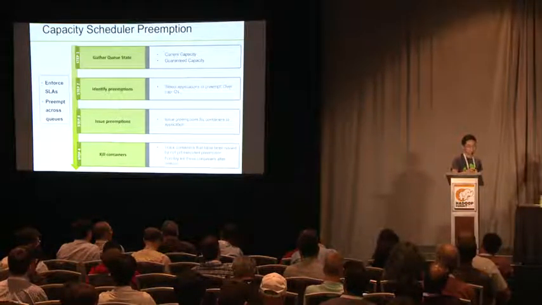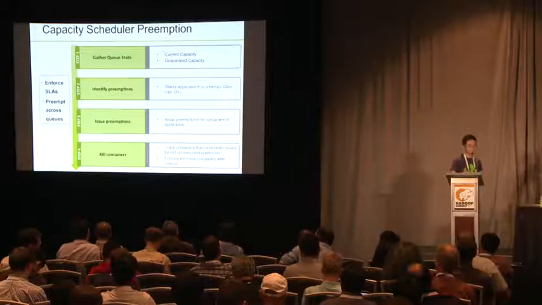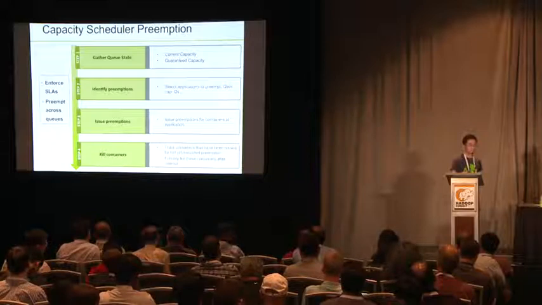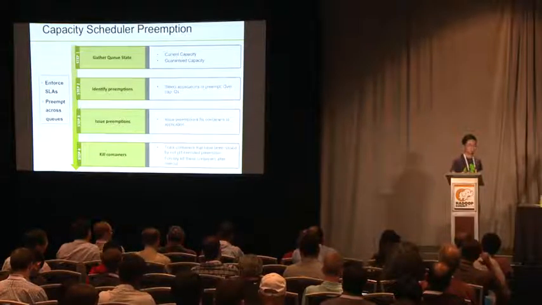There are several steps. The first thing is the capacity scheduler will periodically check whether preemption is needed or not. If it is needed, it will try to identify the applications to be preempted, and for those applications, it will issue preemption requests.